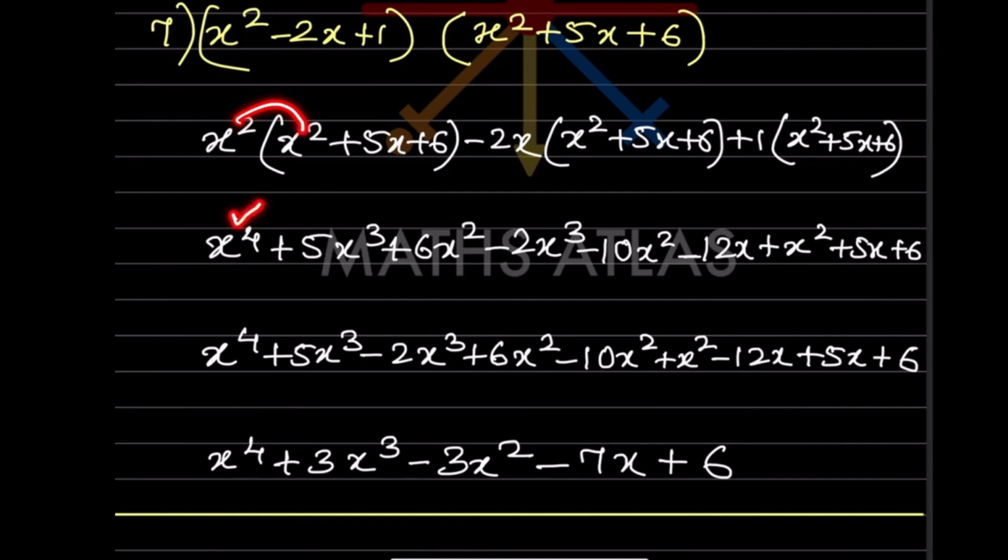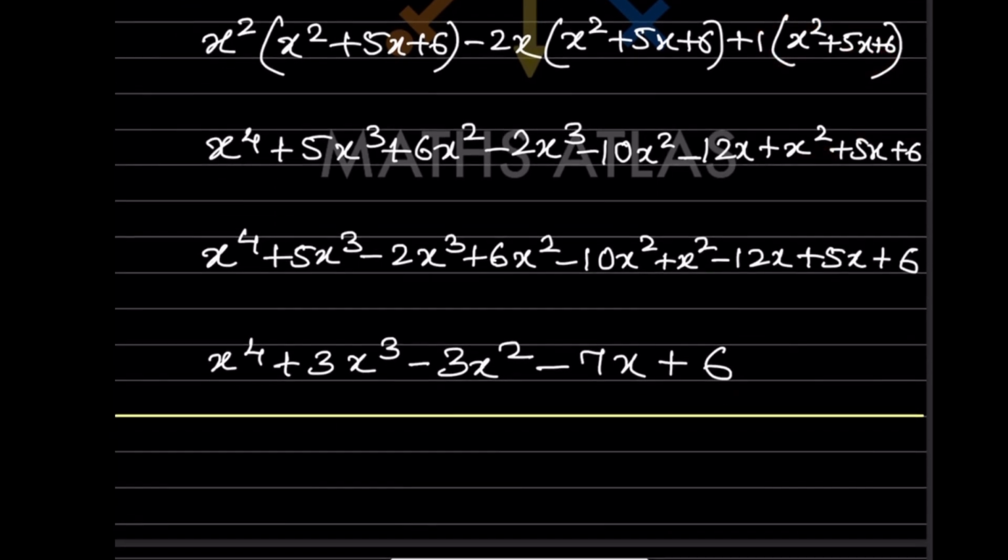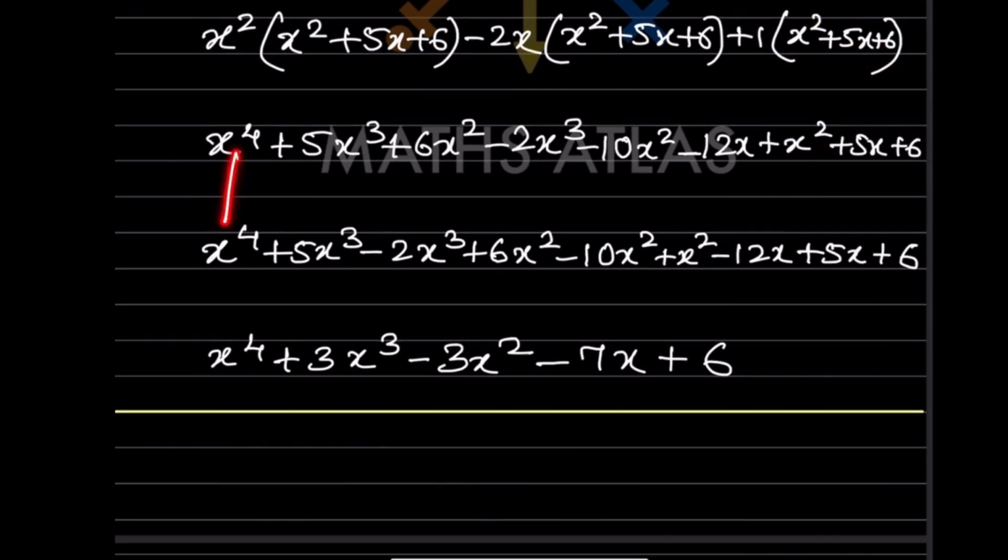That will be x raised to 4, 5x cube, 6x square, minus 2x cube, this is minus plus, minus 10x square, minus 12x, because this is minus and this plus means minus 12x. Then this is going to be x square, 5x and 6. So now we can see x raised to 4 is only once.